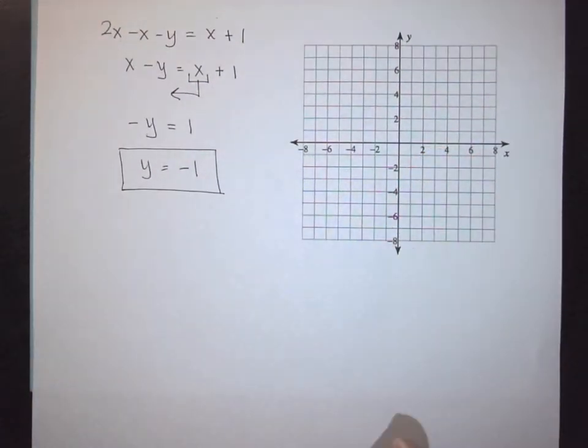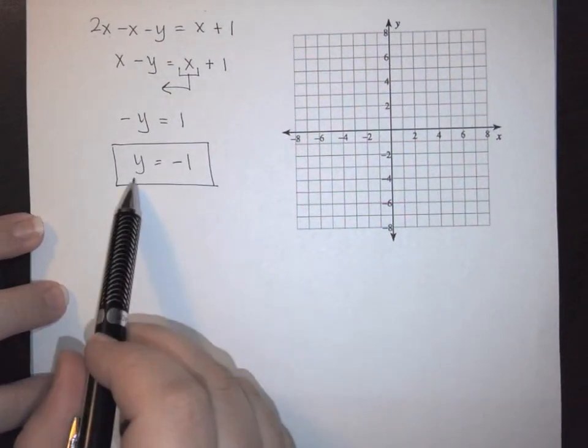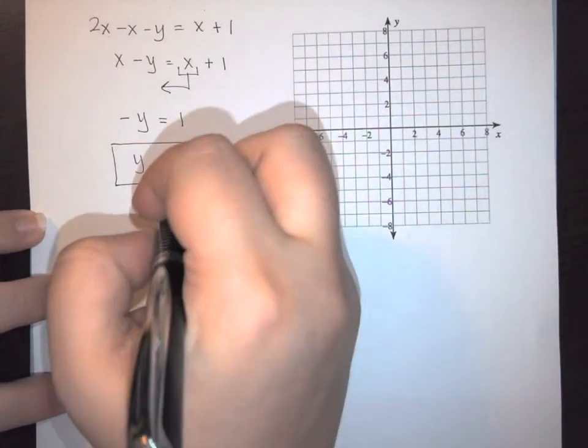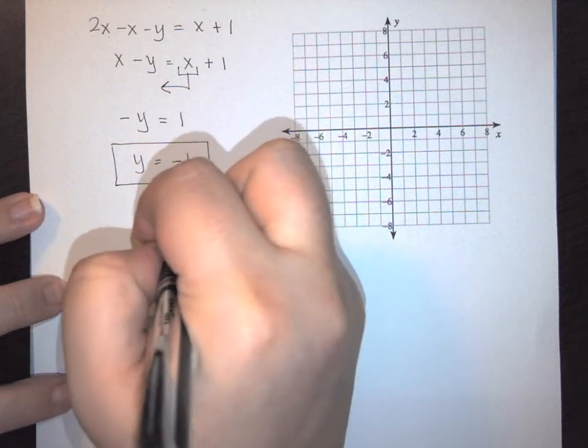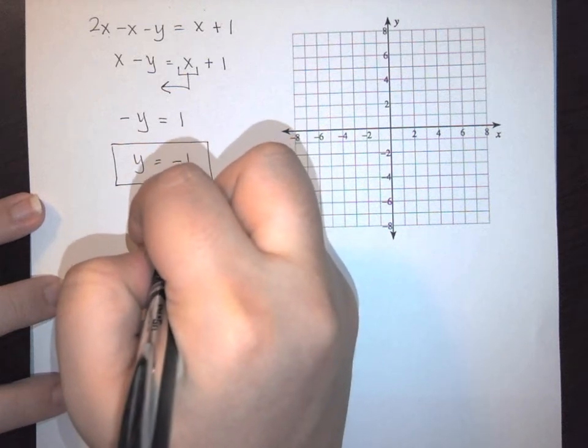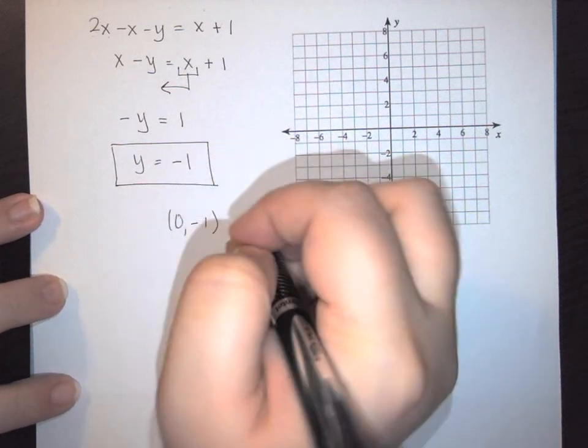It is a horizontal line because we do not have an x variable at all in this equation. So the first thing is, if we look at it, this is going to give us the y-intercept value at 0, -1.